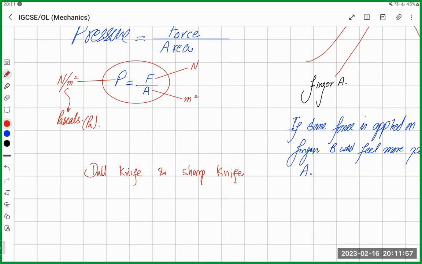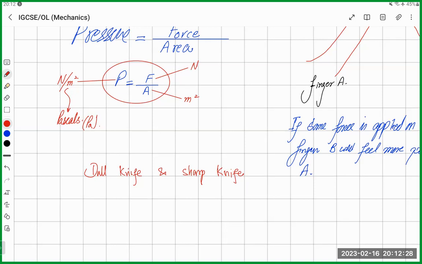When we are sharpening a knife, we rub it from both sides so the edge of the knife becomes smaller. It should have as small an area as possible, and that will make the knife sharper. All we are doing is reducing the area of the edge.